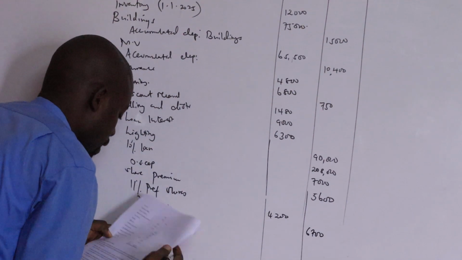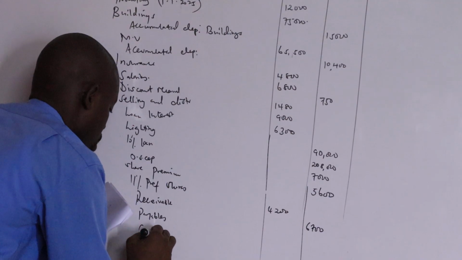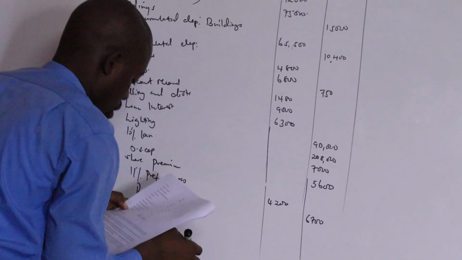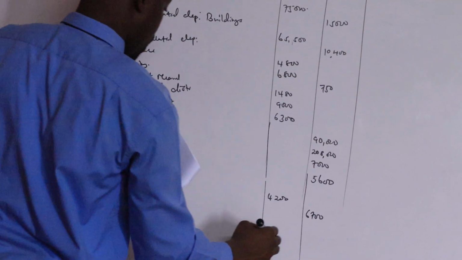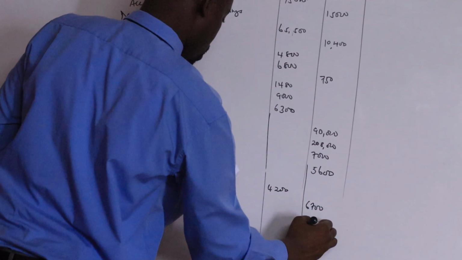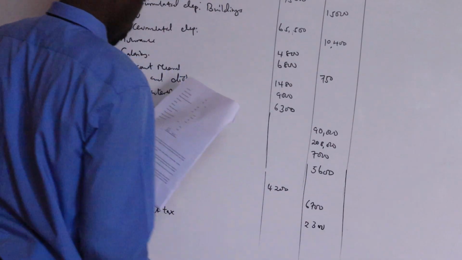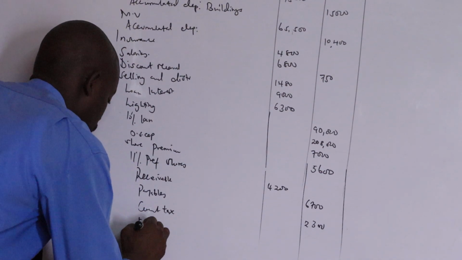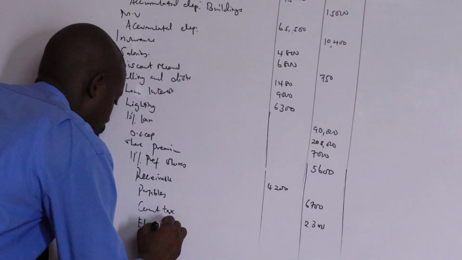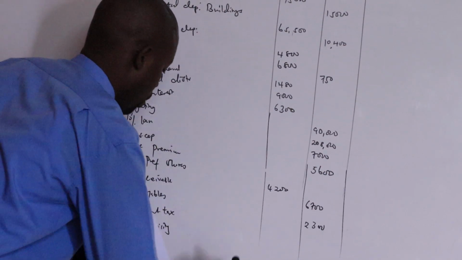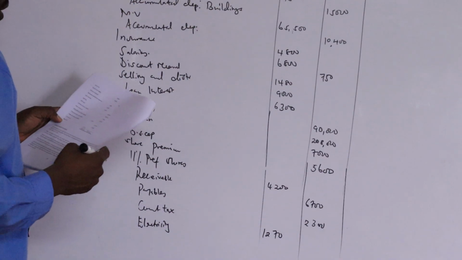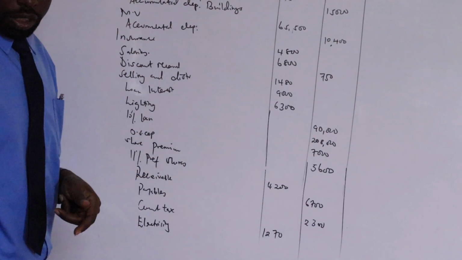And then current tax, 2,300. Then you have electricity, as 1,270. The total is 4,150 for each.